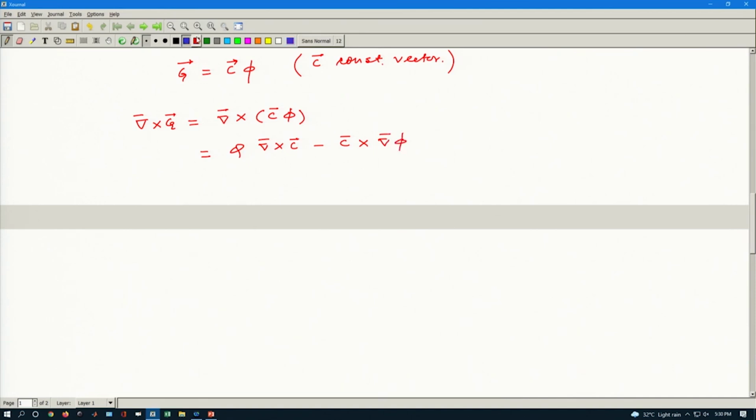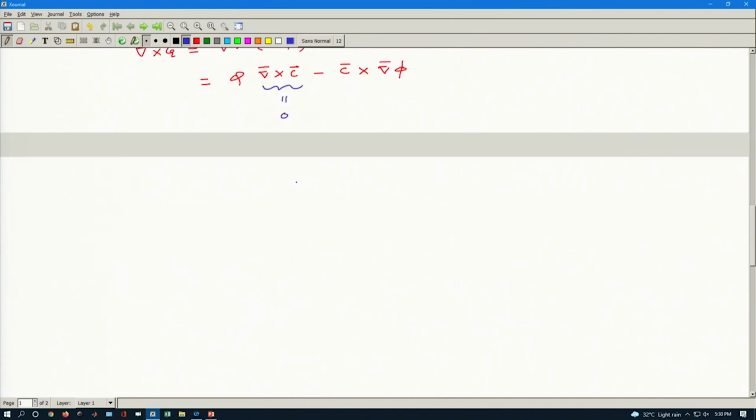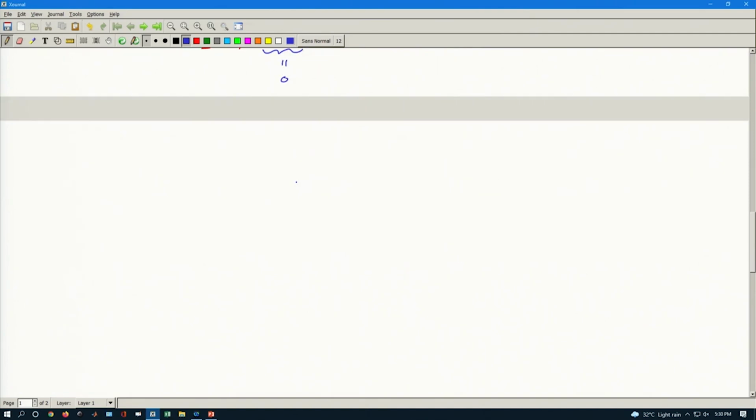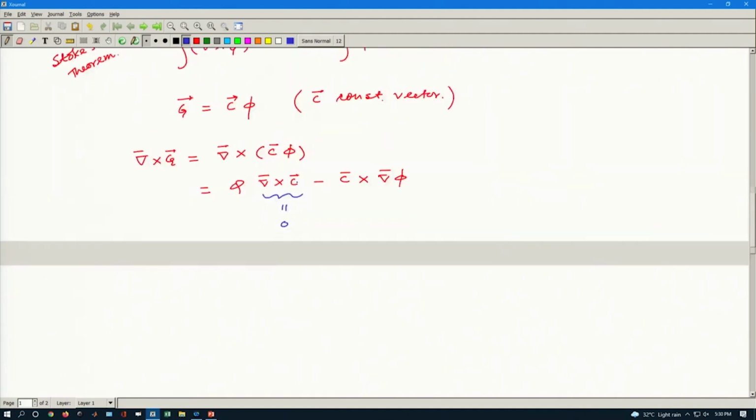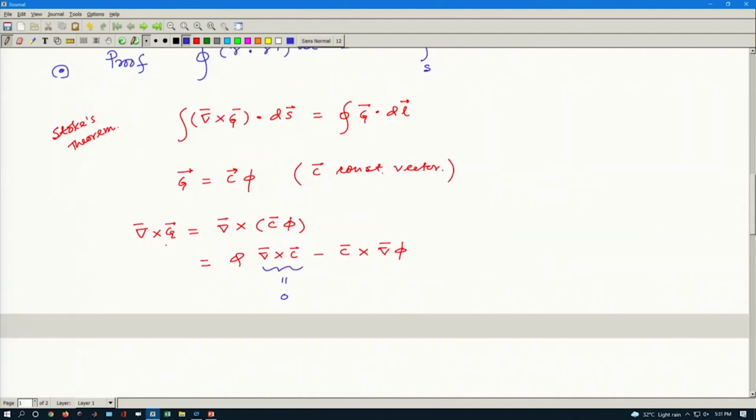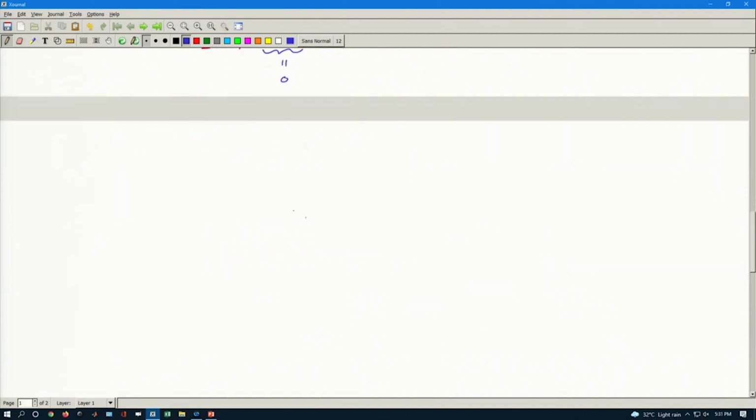But this quantity should be 0 because C is constant. So, this will be 0. So, eventually we have this. Now, curl of G, whatever is here, I will put this side.